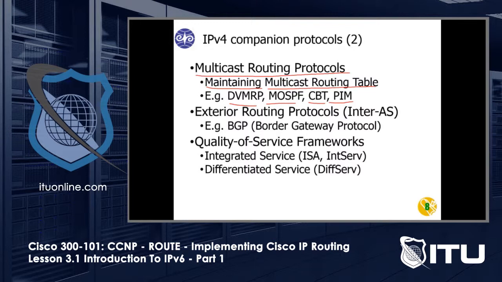Then there are exterior routing protocols such as border gateway protocol, and it's inter-autonomous system instead of intra. Then there's a quality of service framework, or QoS. QoS is very important. The integrated service, ISA or INTSERV, and then there are differentiated services that exist as well.